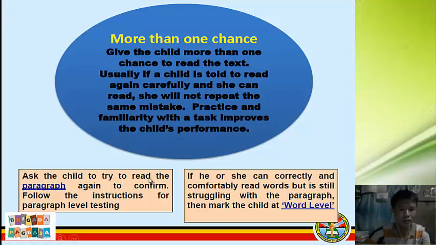Ask the child to try to read the paragraph again to confirm. Follow the instructions for paragraph level testing. If he or she can correctly and comfortably read words but is still struggling with a paragraph, then mark the child at word level. So if he or she is still not comfortable reading the paragraph you give, he or she belongs to word level.